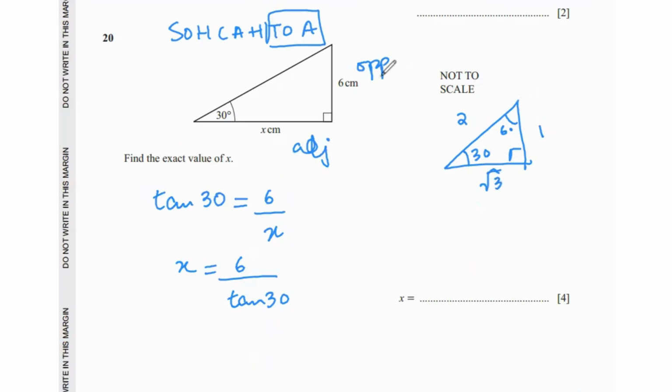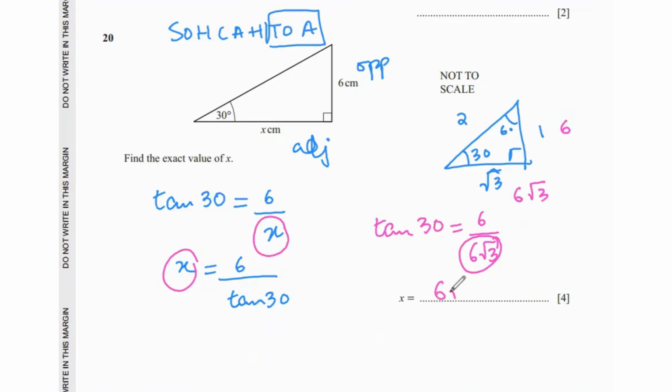Over here, we have a 6. So if this is a 6, that means this is going to be 6 root 3. So in our case, tan 30 would be 6 over 6 root 3, which means x is going to equal 6 root 3. That is your answer.